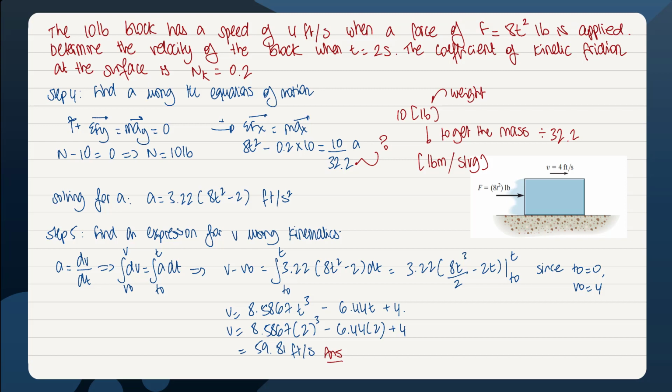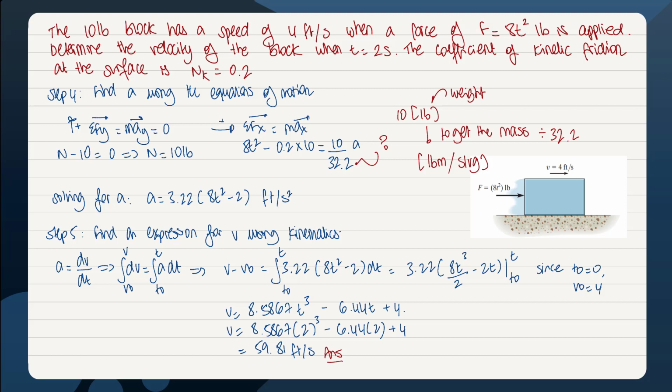And performing the integration from t0 to t, remember t0 is equal to 0 and v0 is equal to 4, we end up with an expression of v, which is 8.5867 t cubed minus 6.44 t plus 4. And the 4 actually comes from the v0, which we have moved to the right-hand side. Now replacing t with 2, we can solve to get the velocity at instant t equals 2 seconds. And so v is equal to 59.81 feet per second.